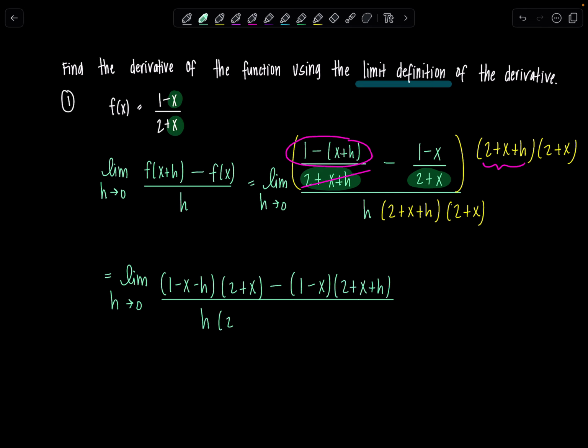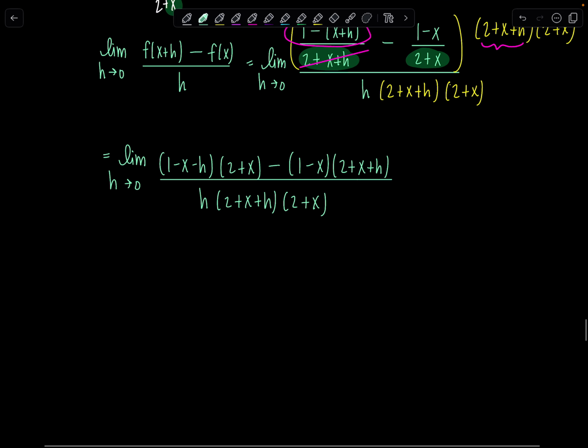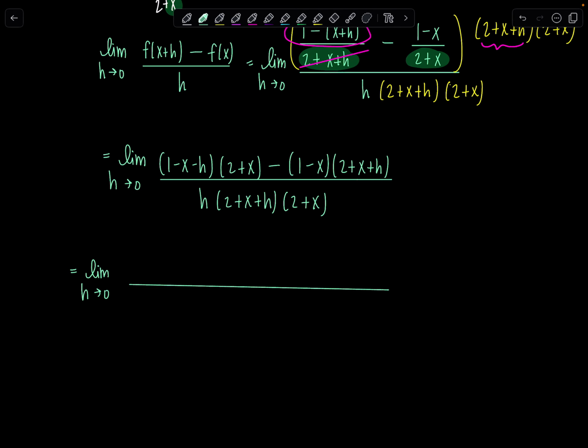And then h, 2 plus x plus h, 2 plus x. Are we good? So yes, now we have to just multiply out everything in the numerator. It looks a little nasty, but you'll survive. Believe me. It'll be done in less than a minute, and you'll be like, oh, that wasn't so bad.